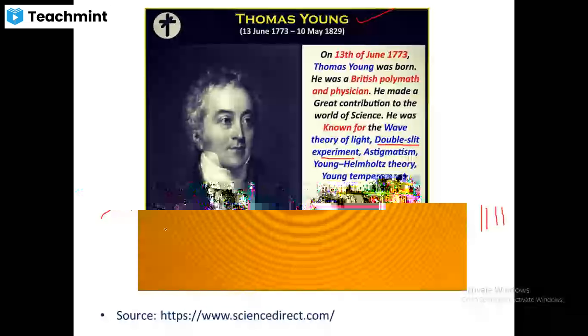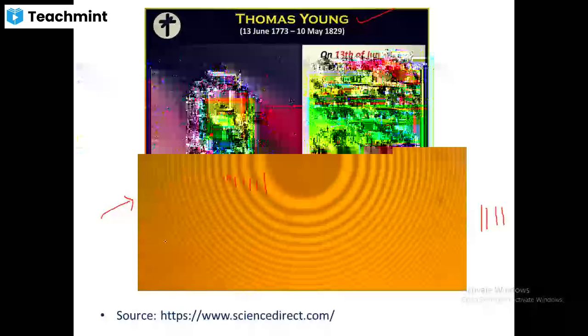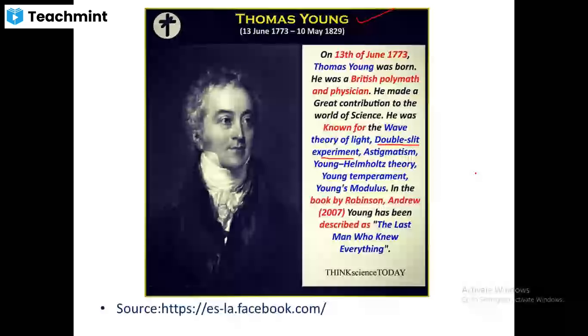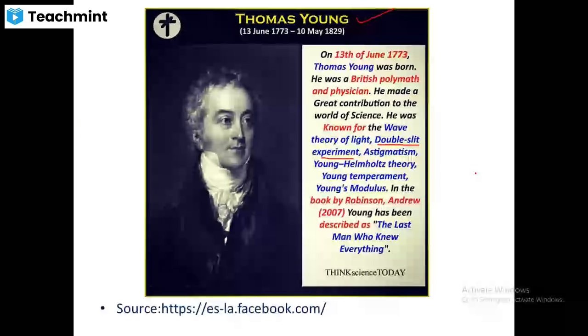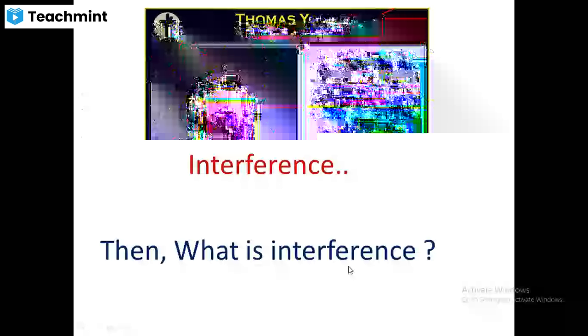I'm sure some of you might have come across this in your PU studies. It is this person who successfully demonstrated for the first time the phenomenon of interference, the so-called wave nature of light.